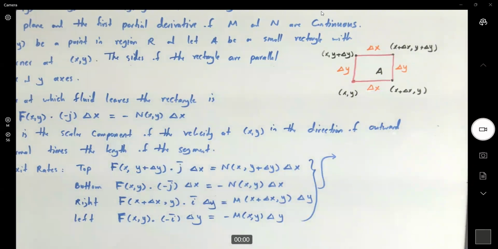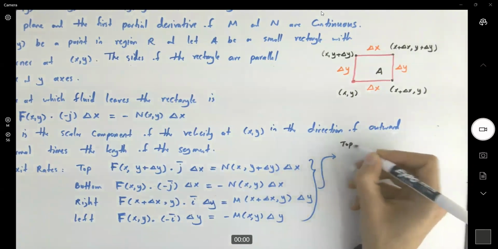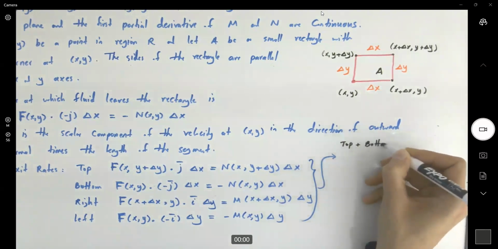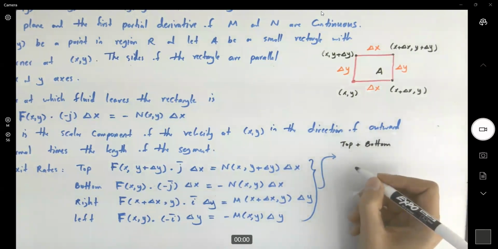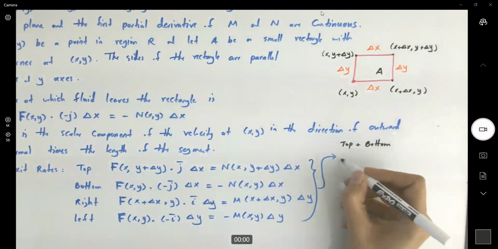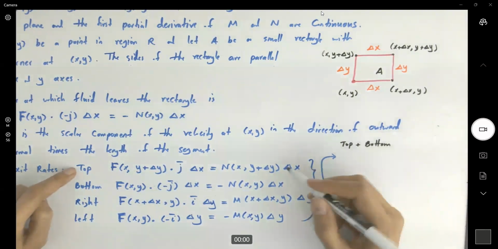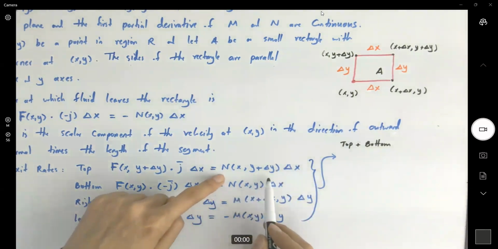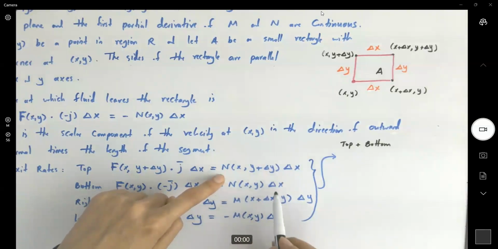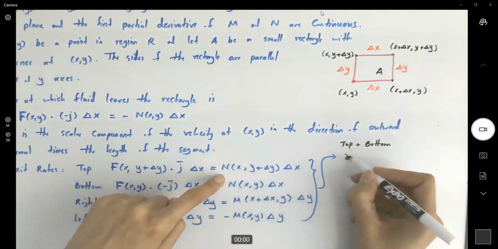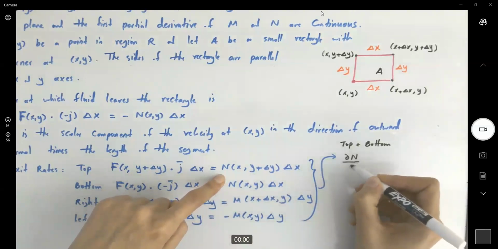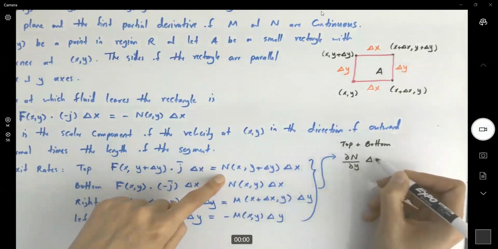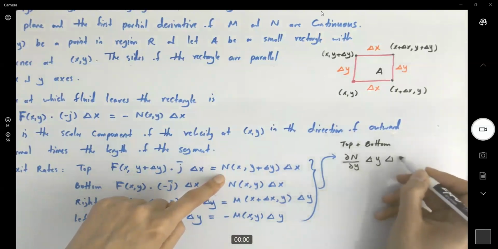This gives you the sum of n of x and y plus delta y, delta x minus n of x and y, delta x. If you combine these two, you get approximately the partial derivative of n with respect to y, delta y, delta x.